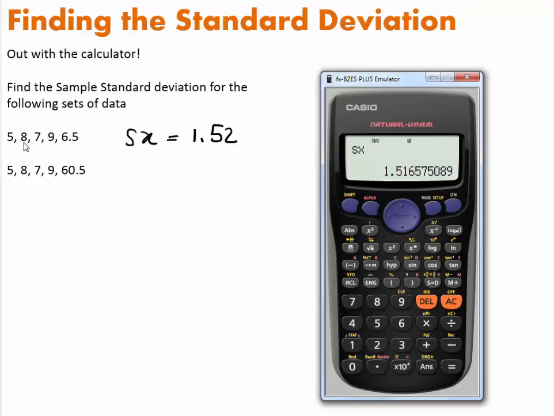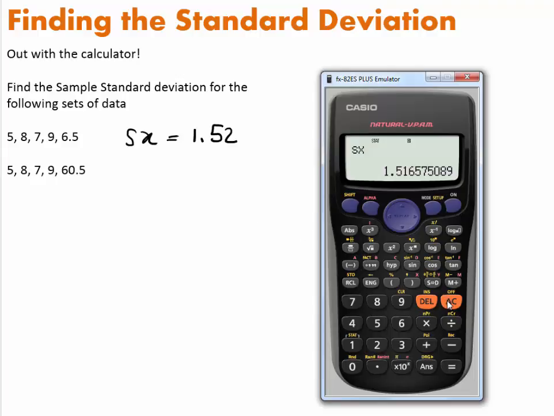If you look at these scores, they're between 5 and 9. These ones are between 5 and 60.5. So what I hope you're realizing is that the sample standard deviation, which is a measurement of how spread out the data is, is going to be a lot larger.